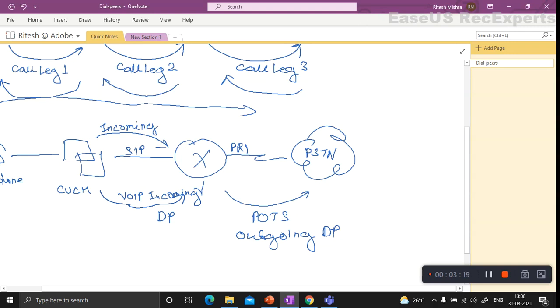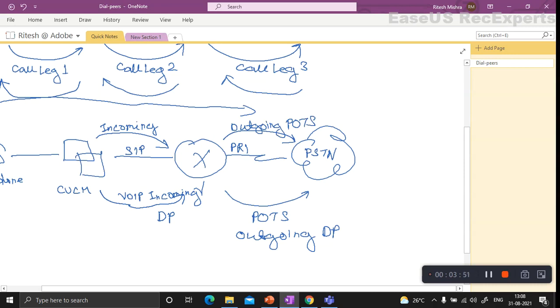So we will need an incoming VoIP dial pair, and when the call exits from the voice gateway towards the PSTN, it will be an outgoing call leg, and since it's a POTS leg, we will need an outgoing POTS dial pair, right? So it depends on what your call flow is.